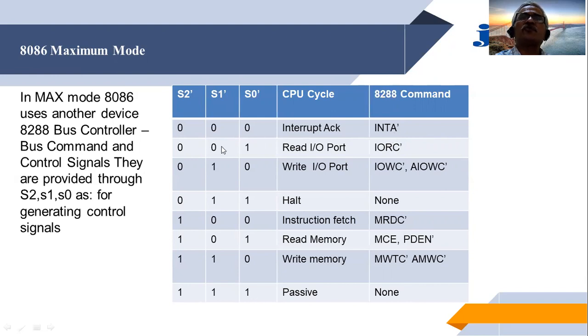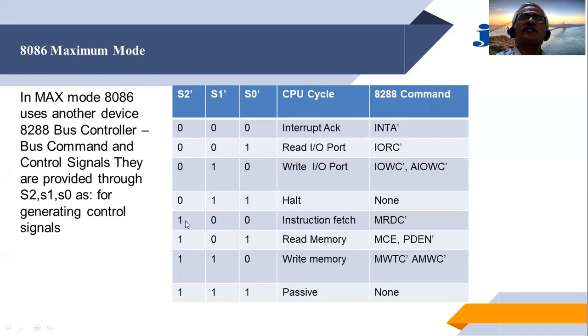What are these command control signals? If the input is 000, that is S0, S1, S2 are 000, the output of the 8288 on the first pin will be INTA bar, interrupt acknowledge. This will remain activated for 2 cycles. Then 001 indicates the IO read cycle, 010 the IO write cycle, 011 a halt operation. These three signals are status signals.